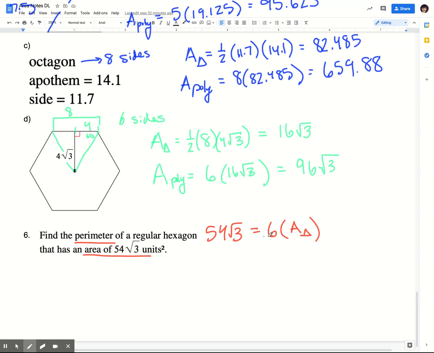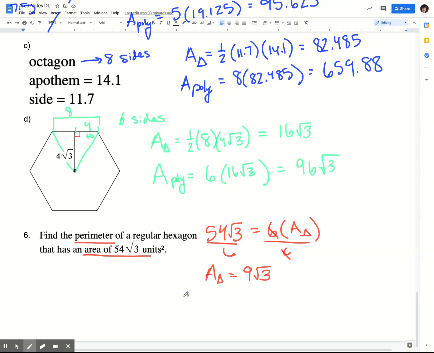So what I'm going to do is divide both sides by 6 so that I get the area of one of my isosceles triangles. 54 divided by 6 is 9. So I have 9√3 as the area of one of my triangles.